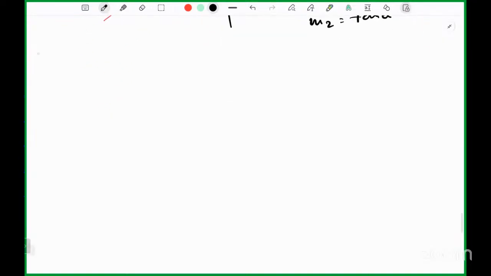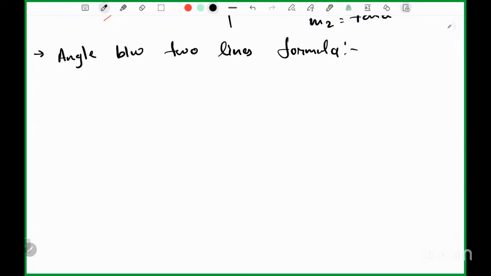So this is the angle between two lines. This angle between two lines we can compute using the slopes. Suppose that in place of theta, let's use phi.